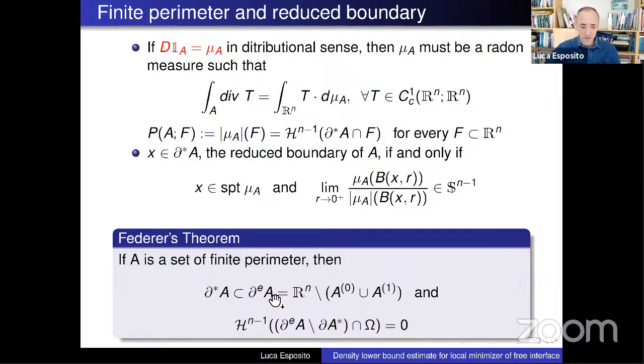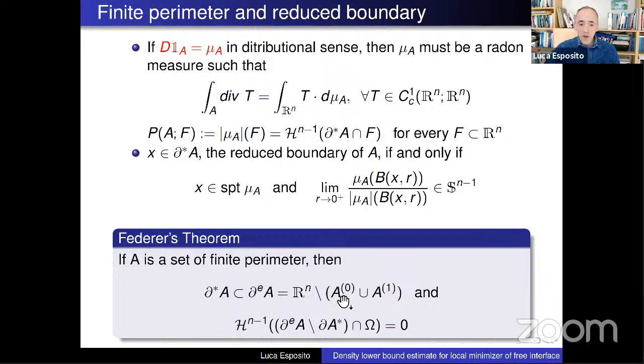And what is the essential boundary? This is very easy, because the essential boundary is the complement of the set of points that have density zero or density 1 with respect to the Lebesgue measure.